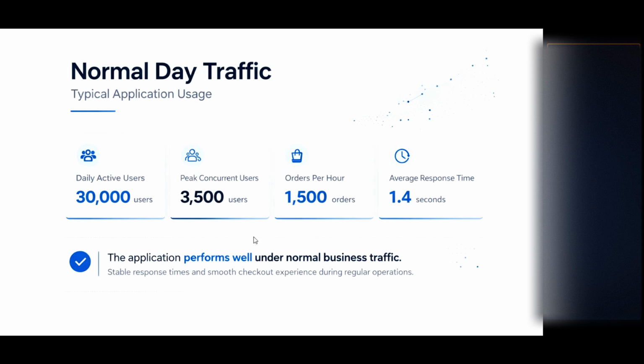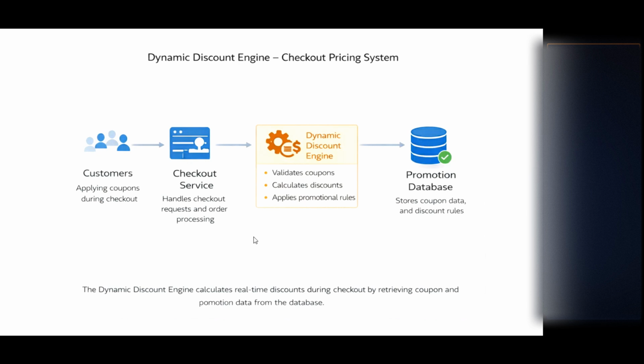So they started to introduce one new feature called the dynamic discount engine. What this dynamic discount engine will do is, whenever the customer applies the coupon during the checkout, the checkout service will be triggered automatically on the back end, and this service will internally hit one more service called the dynamic discount engine service.